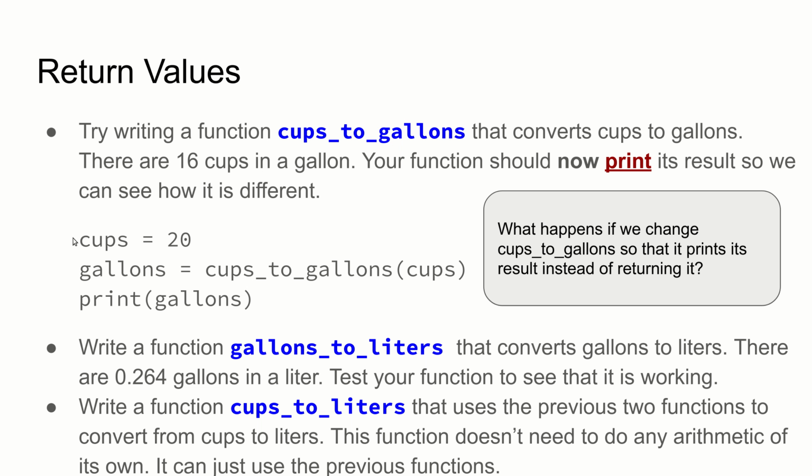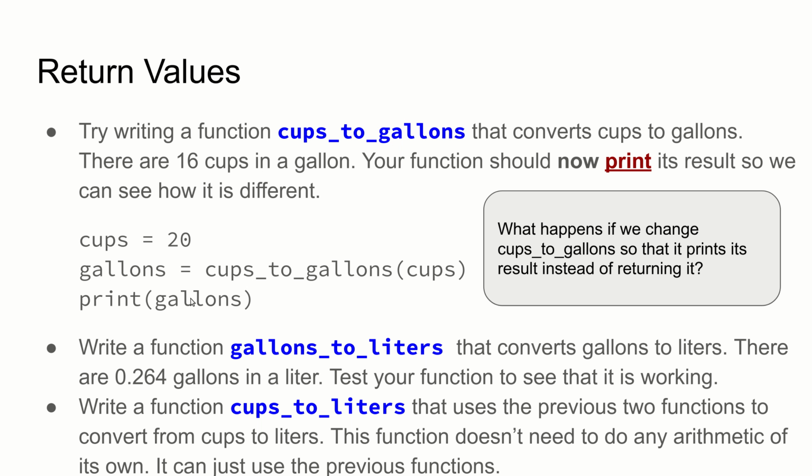And so likewise here, if I stored as gallons the result of calling cups to gallons, if cups to gallons did not return a result, then what I'm going to get in Python is this special and sometimes annoying value called None. And so when I print, I will print out None.